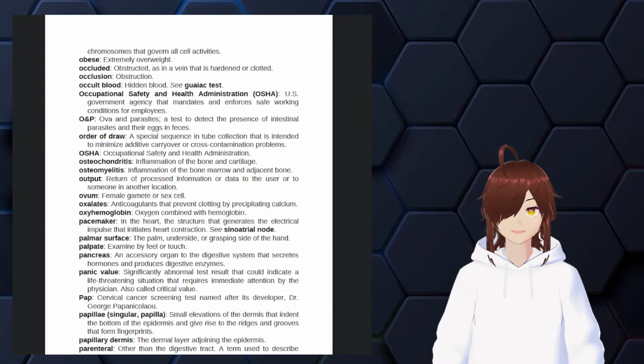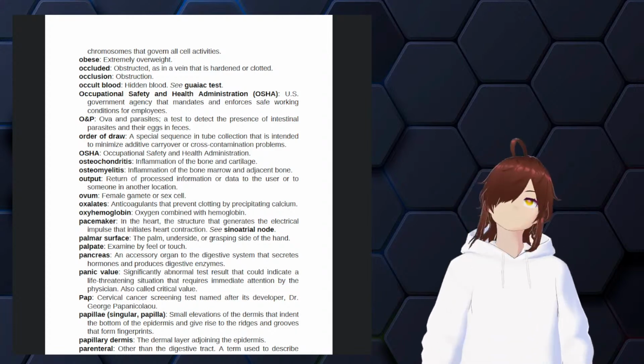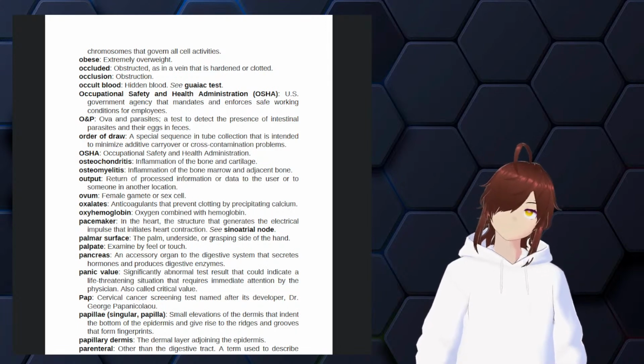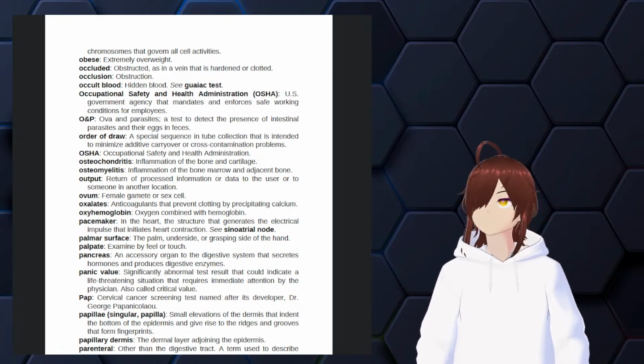Palpate, examine by feel or touch. Pancreas, an accessory organ to the digestive system that secretes hormones and produces digestive enzymes. Panic value, significantly abnormal test result that could indicate a life-threatening situation that requires immediate attention by the physician. Also called critical value. PAP, cervical cancer screening test named after its developer, Dr. George Papanicolaou. Papillae, singular, papilla.